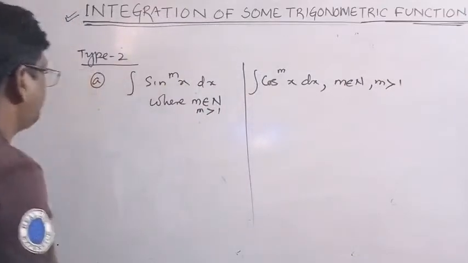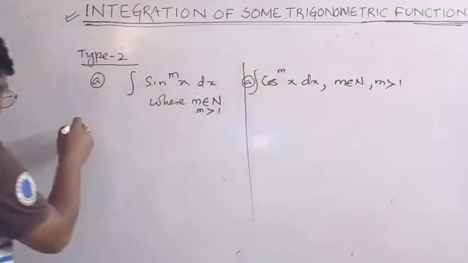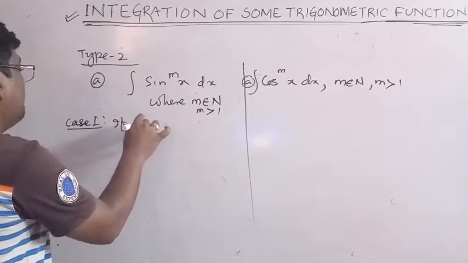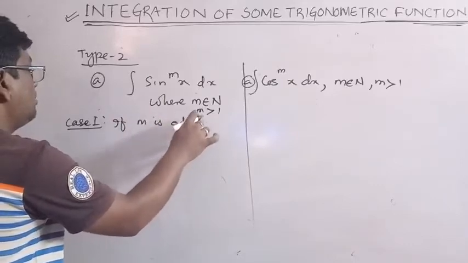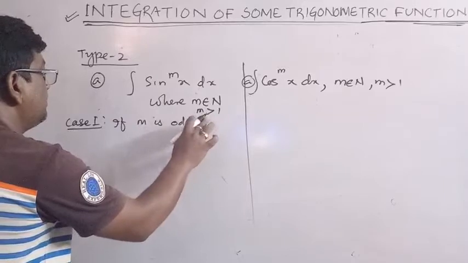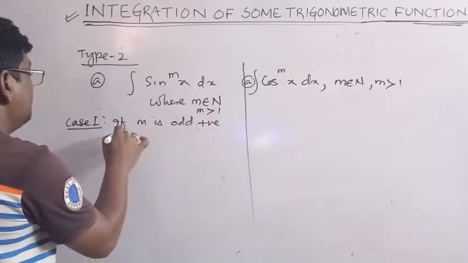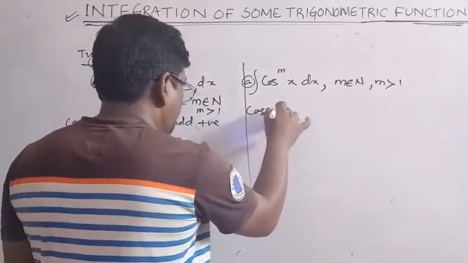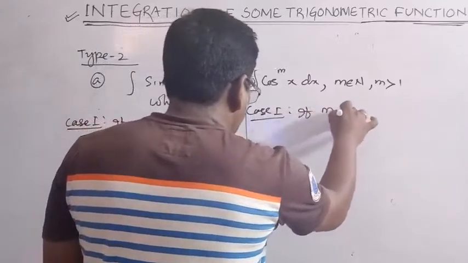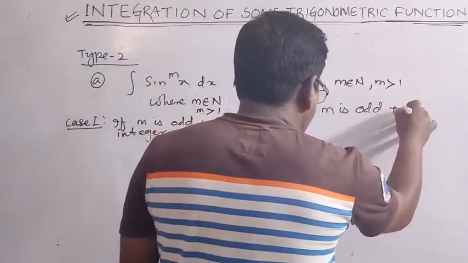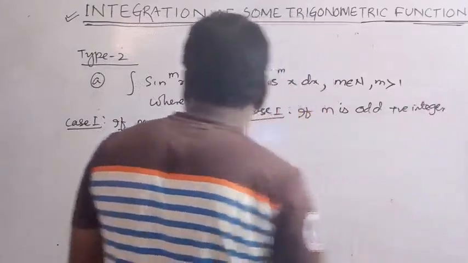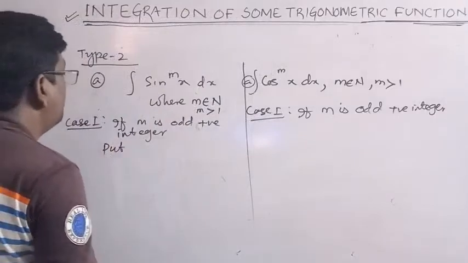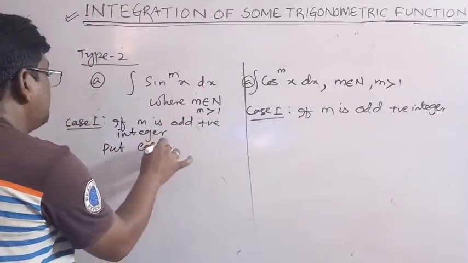Case 1: if m is odd positive integer, then put cos x is equal to t.